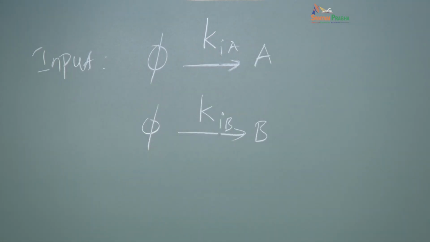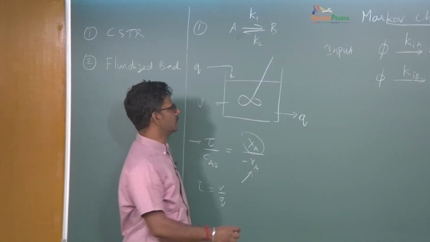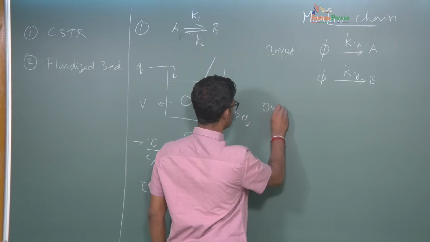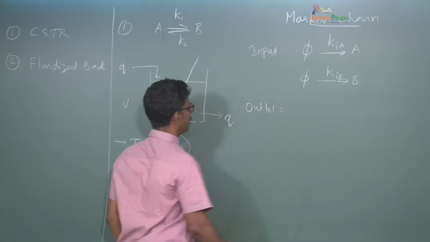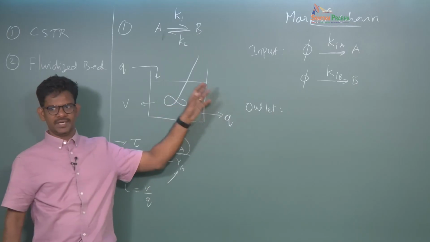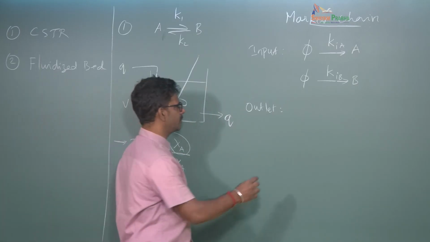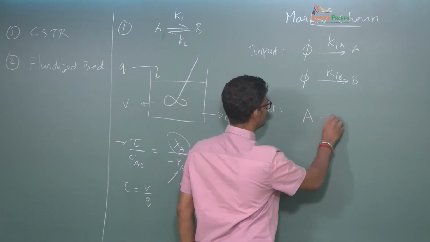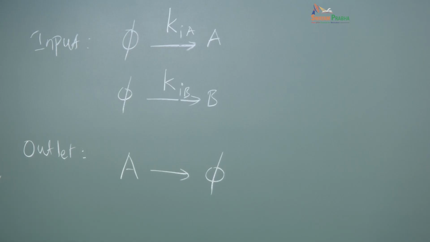Similarly, if you want to look at the exit, the outlet, we think of this as a decay process. A is getting removed, A is reacting away into something else. For example, you can say A is going into some dead state because it's not going to come back to the system, it's gone, it is going out of the system.